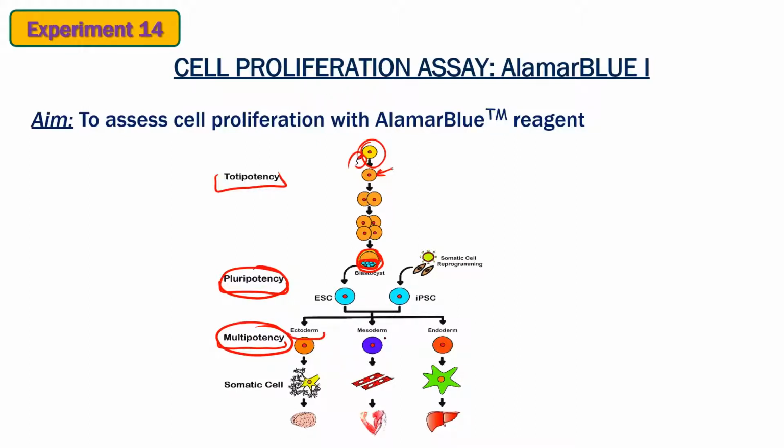And if you take these ectoderm, mesoderm, and endoderm, the multipotent progenitors, they can give rise to epithelial tissues, to neural tissues, etc. And the same goes for mesoderm and endoderm. But the ectodermic progenitor cannot give rise to the parenchymal cells because it is not pluripotent, it is multipotent. So there are different levels of potency for the cells.